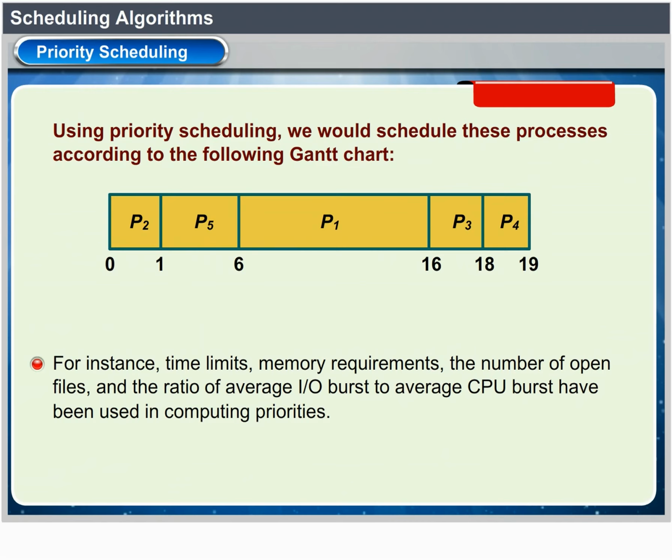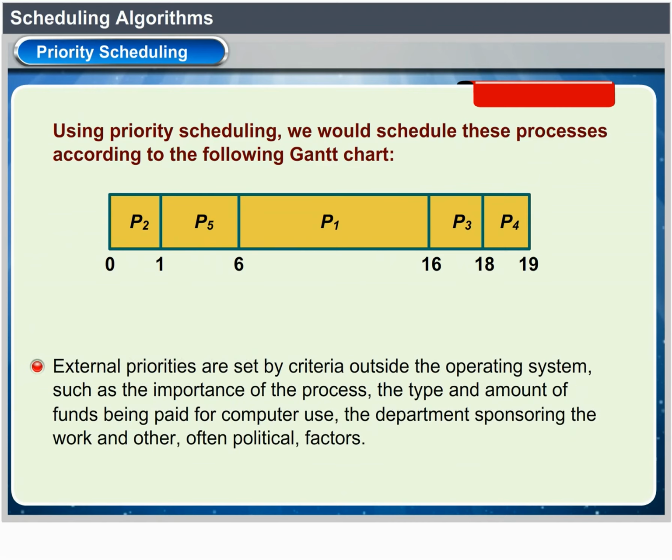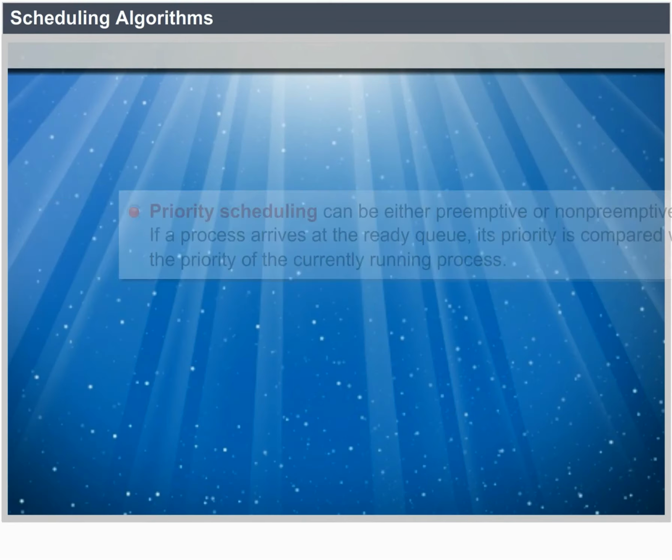External priorities are set by criteria outside the operating system, such as the importance of the process, the type and amount of funds being paid for computer use, the department sponsoring the work, and other, often political factors. Priority scheduling can be either preemptive or non-preemptive.